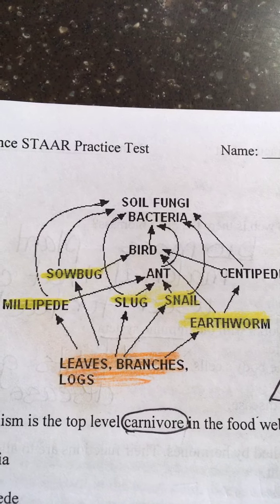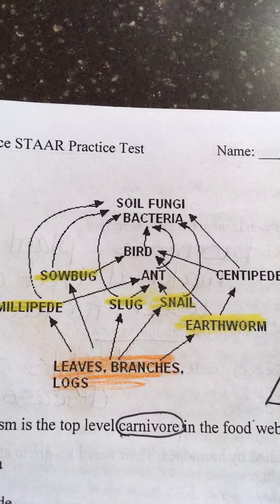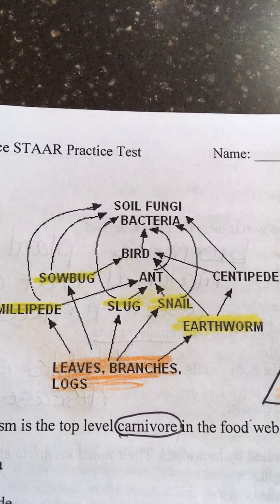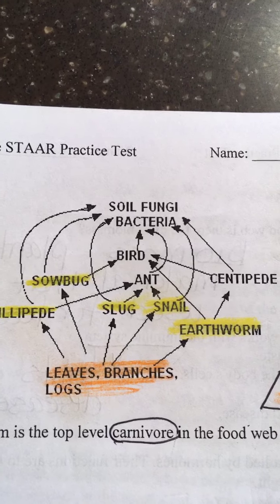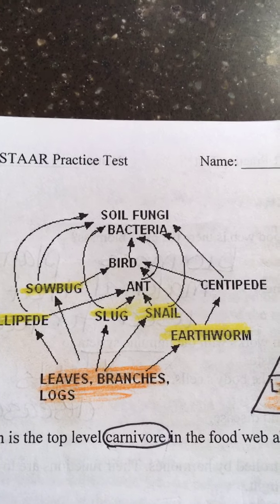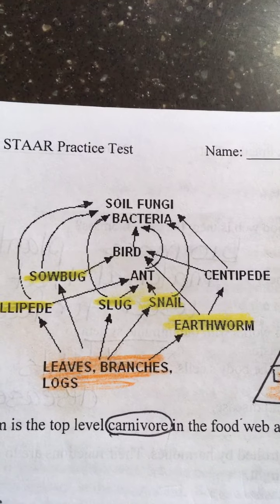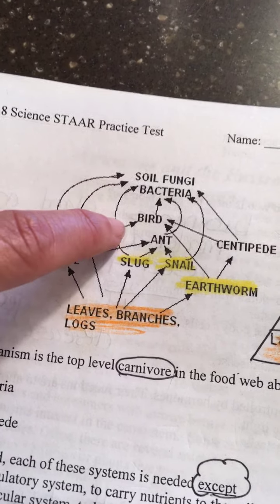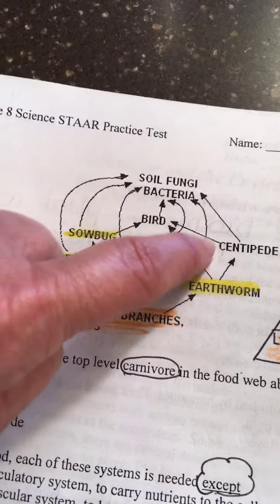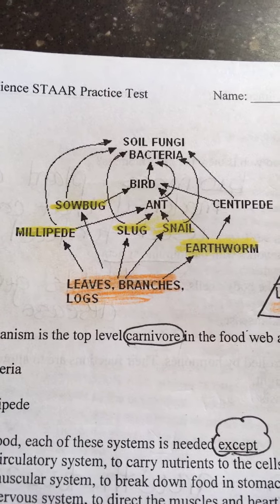Remember, any organic matter that dies, bacteria and fungi are going to decompose those dead things, change those nutrients, and take them back to the soil. Because everything dies and eventually decomposes, so many of these arrows are going back to the soil and the bacteria.